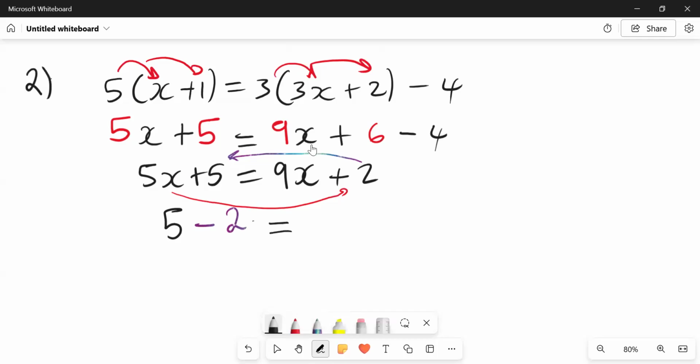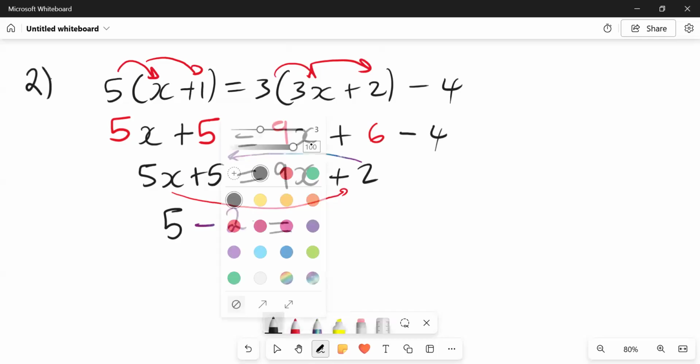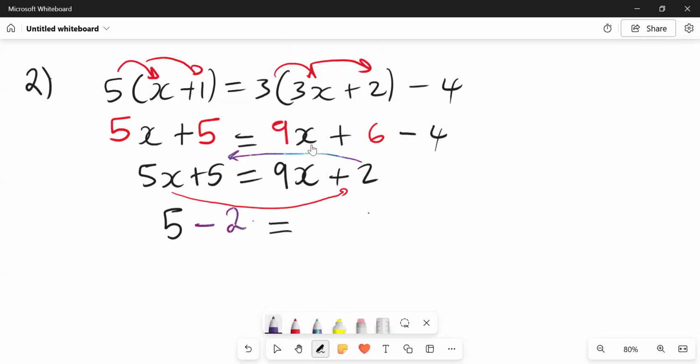So I'll end up having my 9x minus 3x, and when you transpose, the sign changes automatically. So now you have your 5 minus 2, which is 3. 9 minus 5, that's 4x, right?